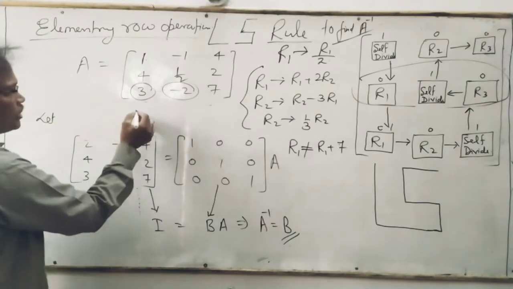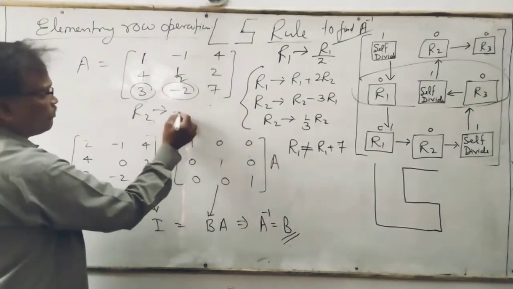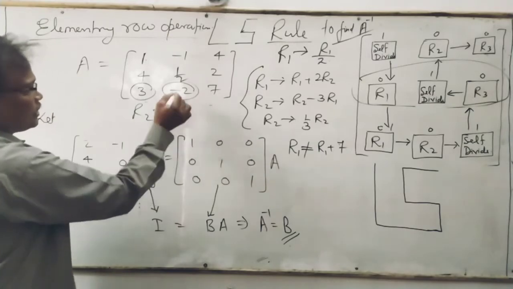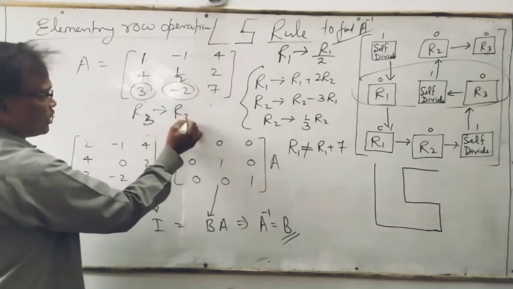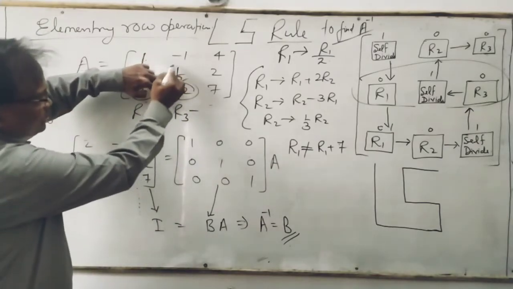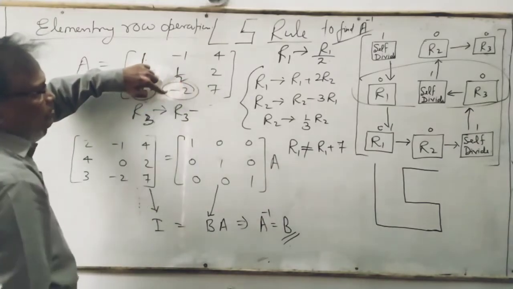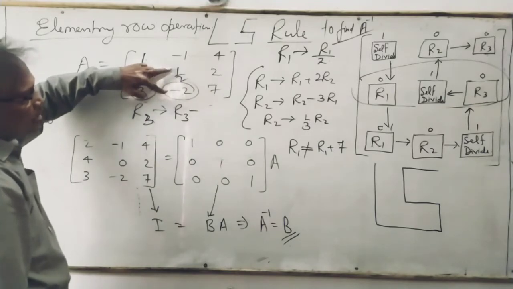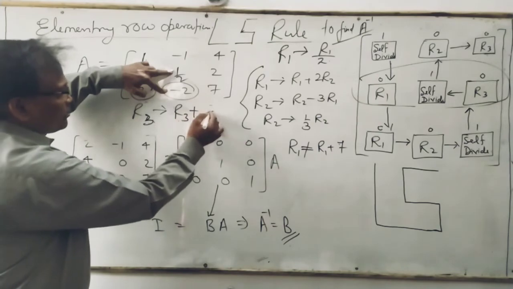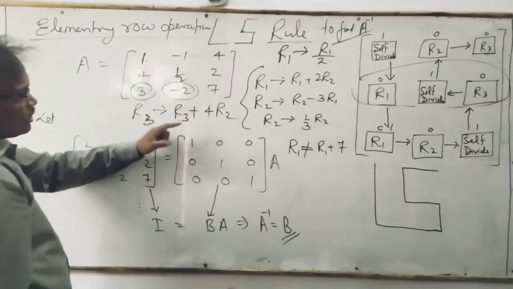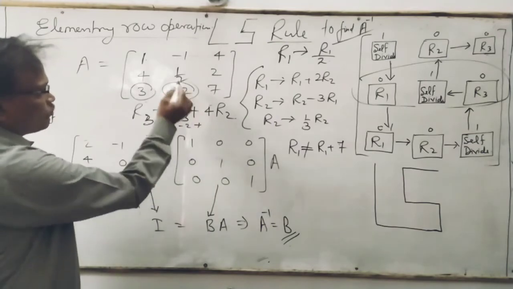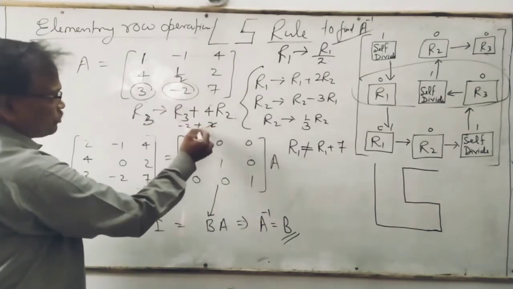Then what will you do? Not R2 tending to R2, but R3 tending to R3 minus, or now this is -2, here it should be -2. So how can you get the -2? If you multiply, it will be R3 plus 4R2. Now you can calculate. R3 is minus 2 plus 4 into 1/2, that is 2. So it will be 0.